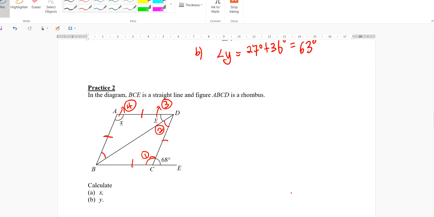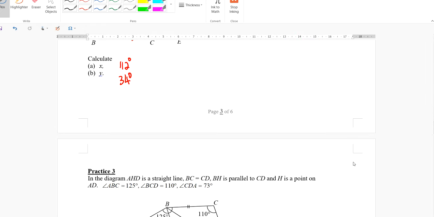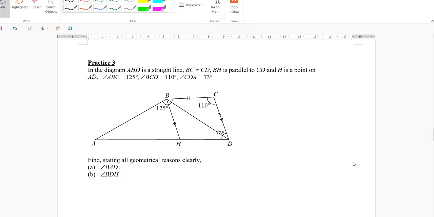Okay, friends, do this now. And your answer for your x is 112. Check your answer. And 34. Please remember to write reasons. And practice 3, this answer.